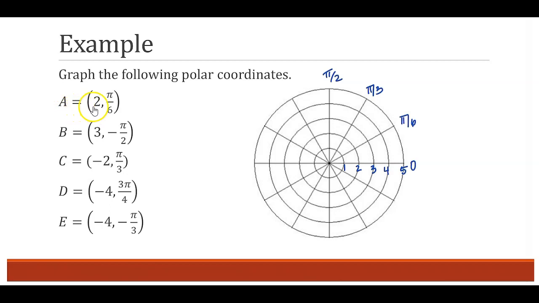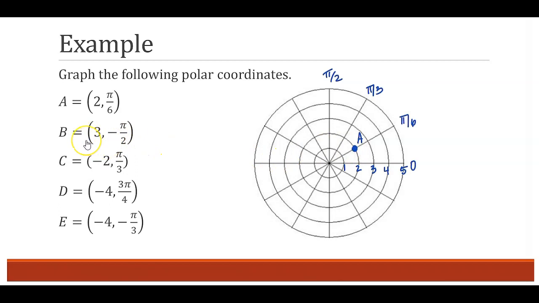We have A is (2, pi over 6). So what we do is we first go to the angle. So here's the angle pi over 6. And since the directed distance is +2, I go 2 units towards pi over 6, landing me right here as my coordinate point that I'm going to label A.